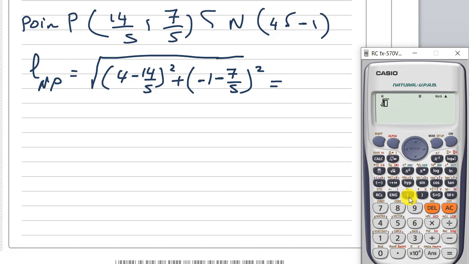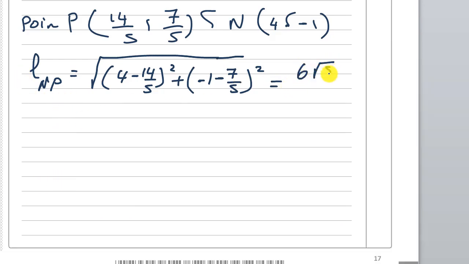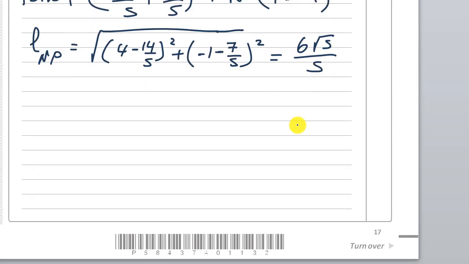Square root of (4 minus 14 divided by 5) squared plus (minus 1 minus 7 divided by 5) squared. So it's equal to 6 square root of 5 divided by 5, and this is our radius. So the radius of the circle is equal to 6 square root of 5 divided by 5.